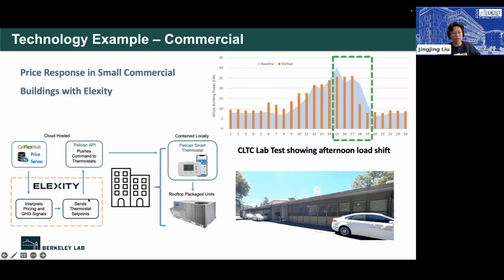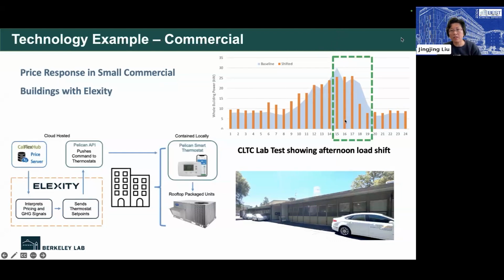It has incorporated the ability to receive the price signal from our CalFlex Hub server, and it turns that into thermostat set point control signals and pushes that to the smart thermostats in the commercial building that they're testing on the UC Davis campus. There are 2 buildings involved. And that integration is done through a cloud-to-cloud integration with Pelican's API. So that would change the air conditioning loads in that building.